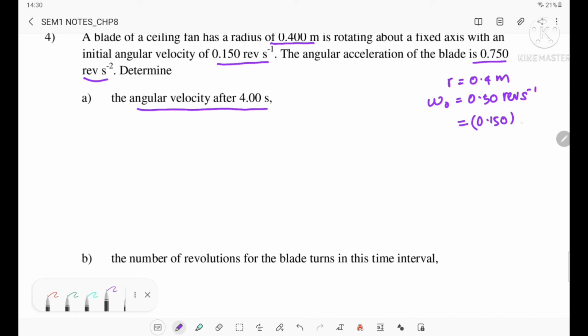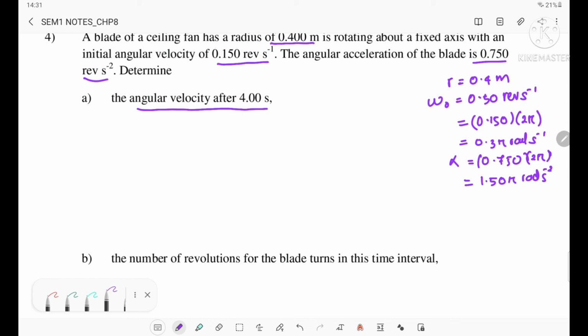So equal to 0.150 times 2 pi radian, equal to 0.3 pi radian per second. Next, you need to convert the angular acceleration alpha equal to 0.750, convert into radian, times 2 pi, and then we get 1.50 pi radian per second squared.